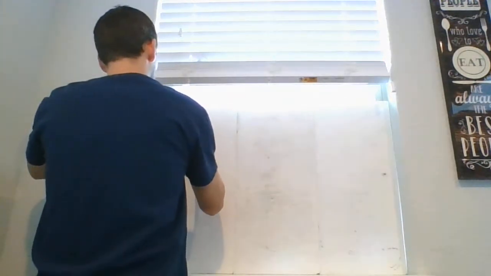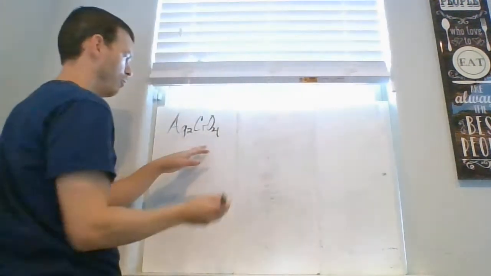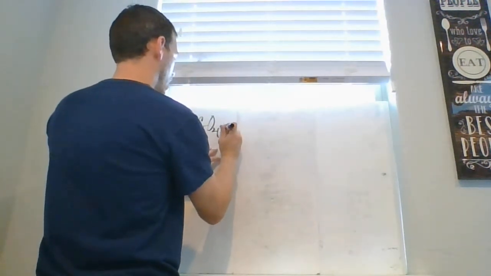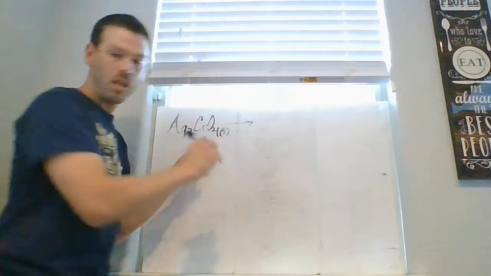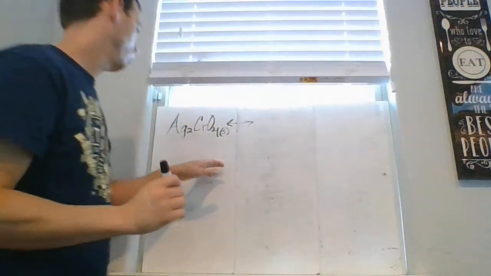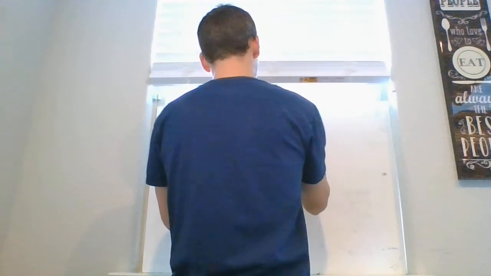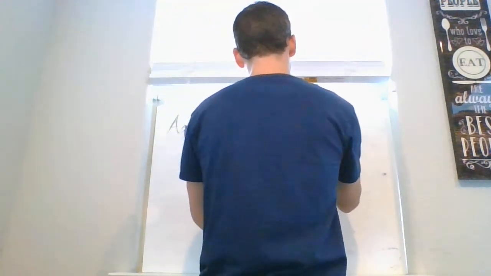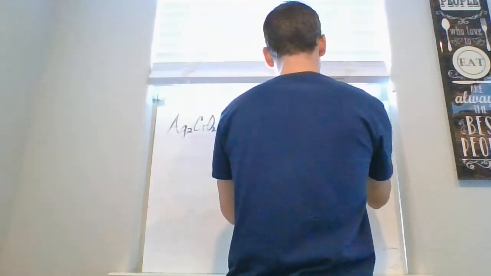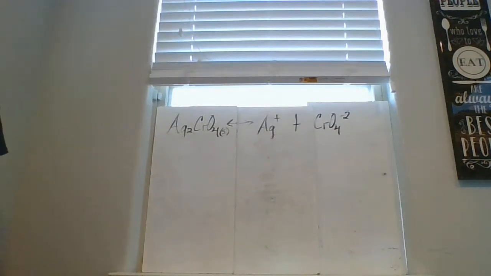So I'm going to take my Ag2CrO4, and again, this dude's solid, and we're going to split him into his parts over here, which is going to be the Ag plus and CrO4 2 minus.